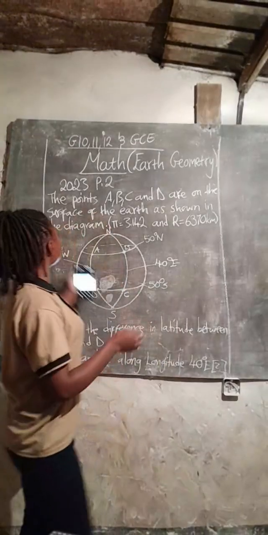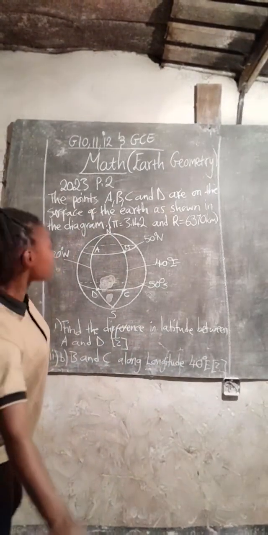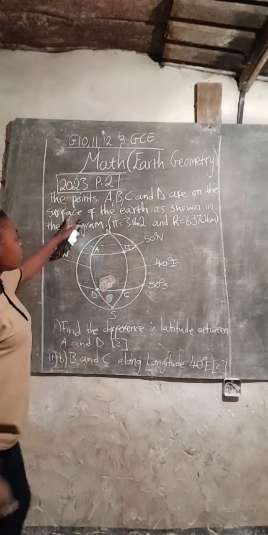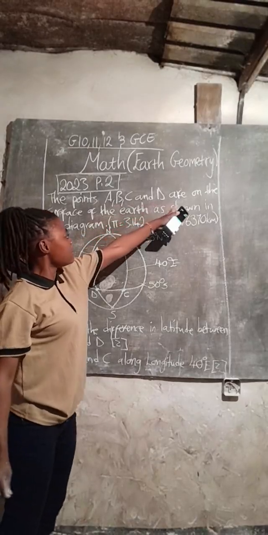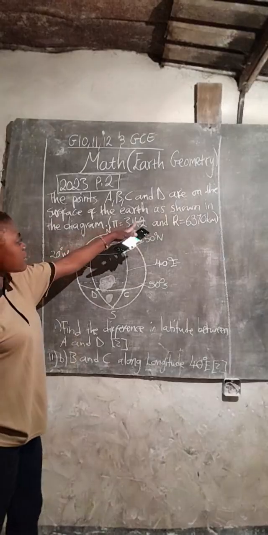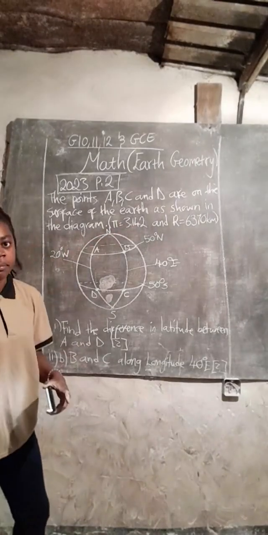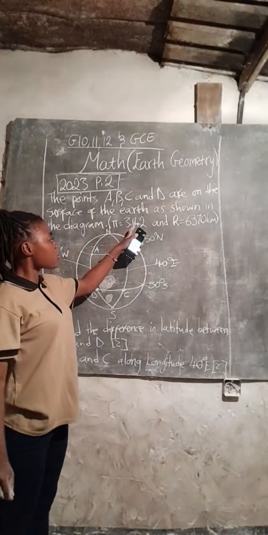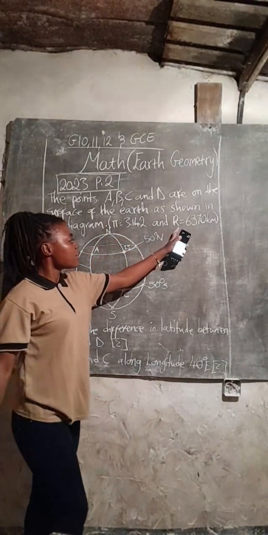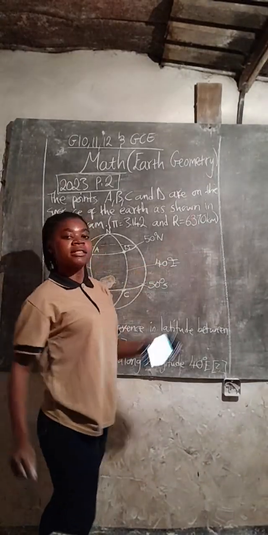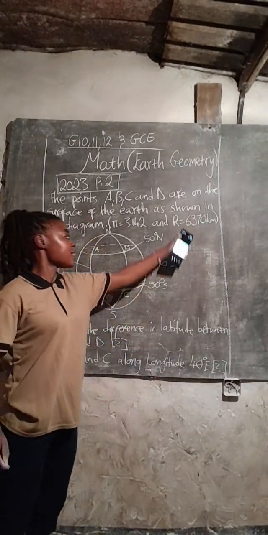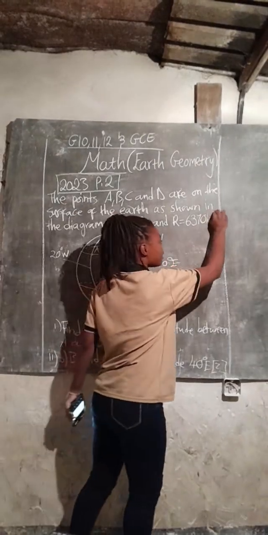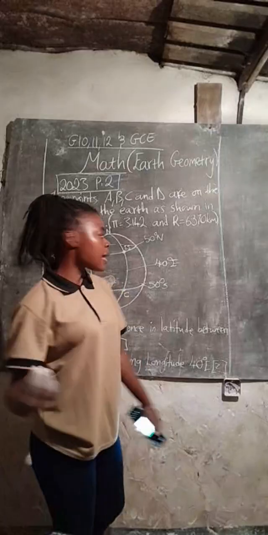This question is coming from 2023. It says the points A, B, C and D are on the surface of the earth as shown in the diagram. Take pi to be 3.142 and the radius to be 6370 kilometers. These two things will be given in the exam.